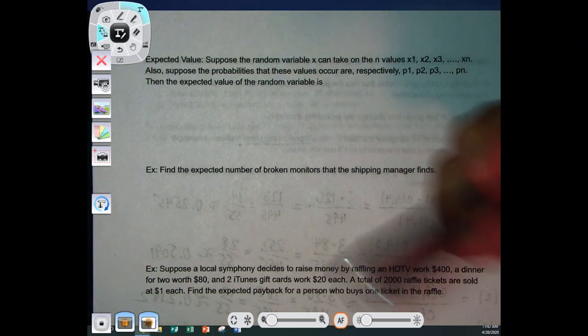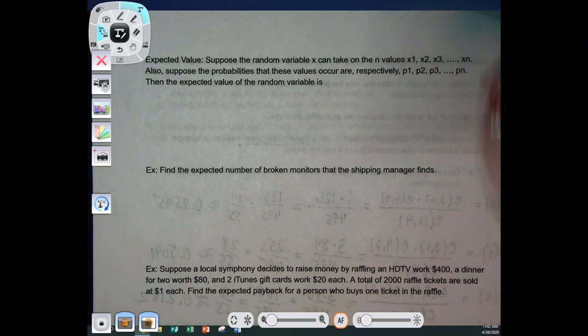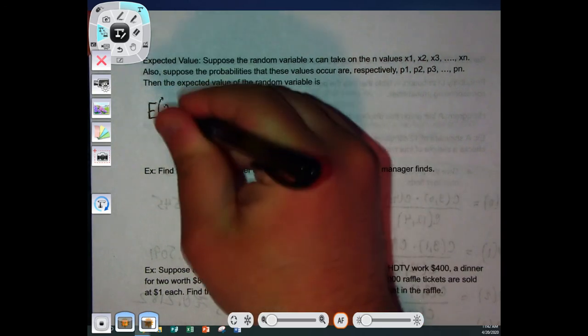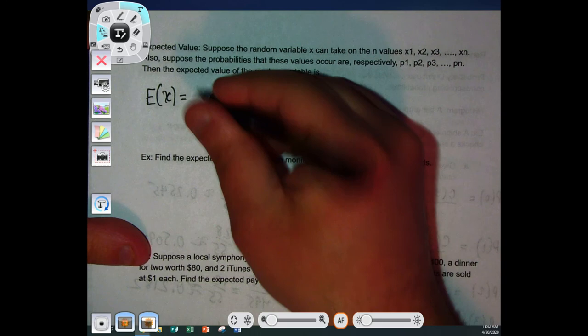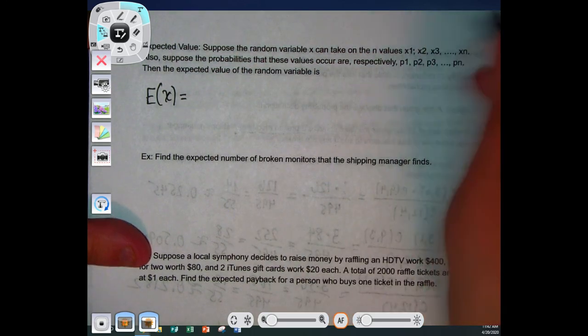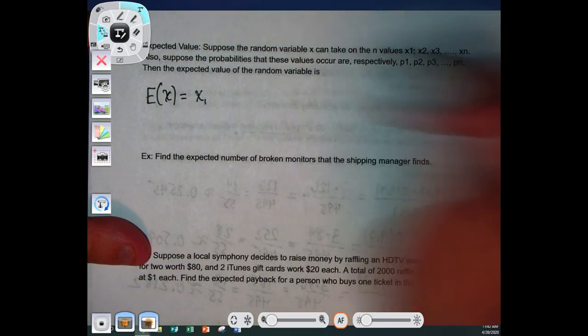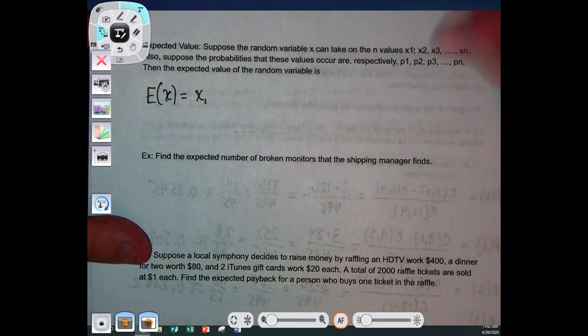So to calculate the expected value of a random variable, we refer to that as E of x, the expected value of x. To calculate it, we take each random variable value, x1, x2, x3, x4, and so on, and we multiply it by the probability of that event occurring.